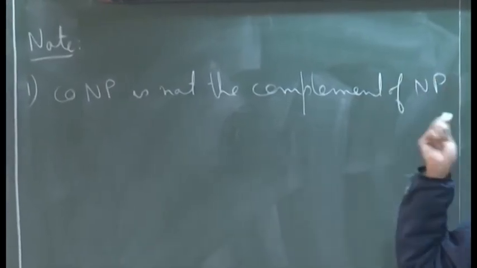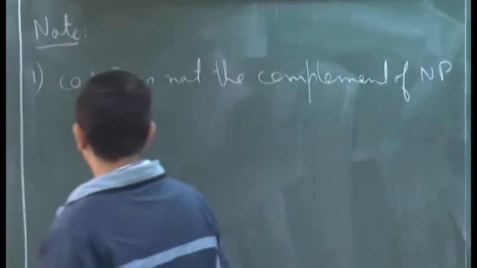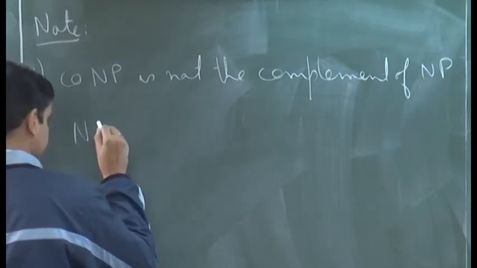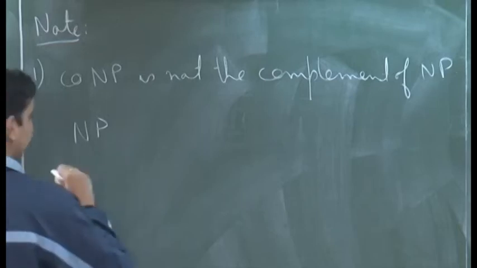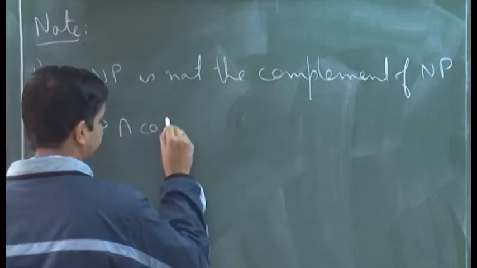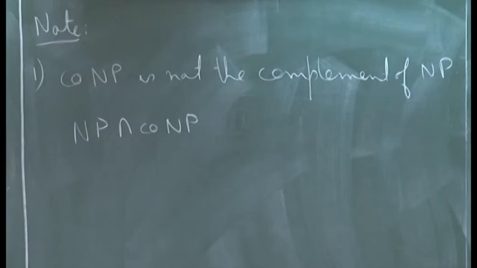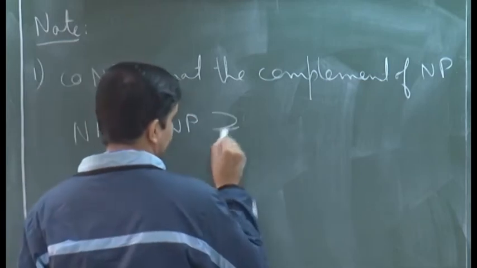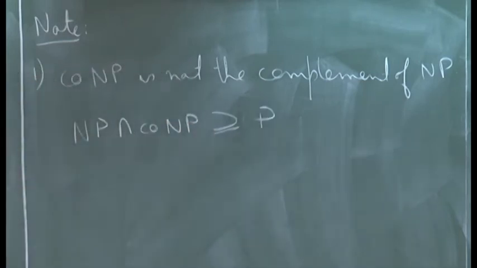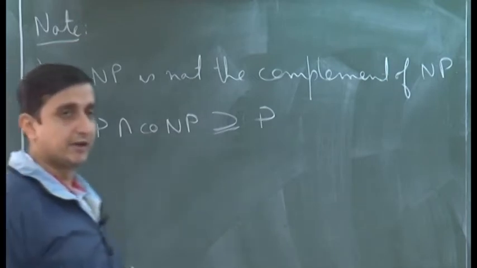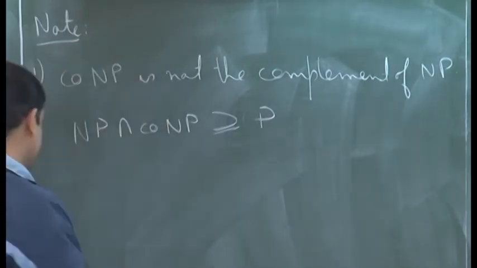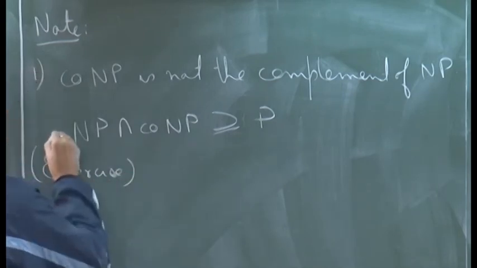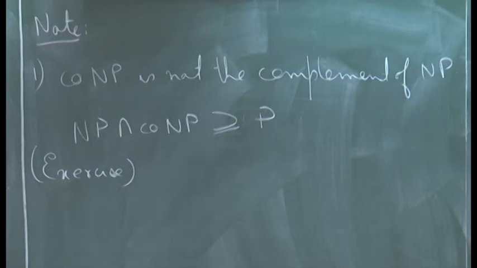Co-NP is not the complement of NP, and as it turns out, the intersection of NP and co-NP is not even empty. It contains a rich collection of classes. In particular, it contains the class P. We know that P is contained in NP. You can also show that P is contained in co-NP as well. You can try this as an exercise, to show that NP intersect co-NP contains P.